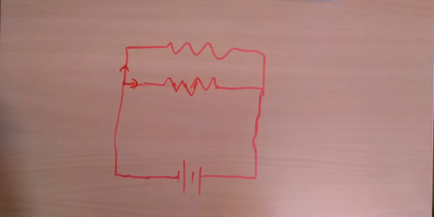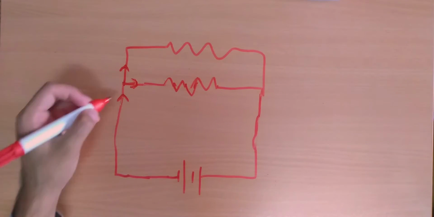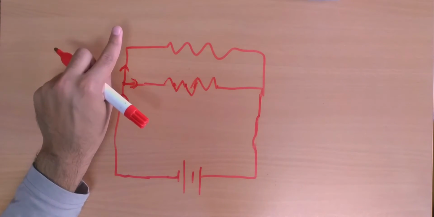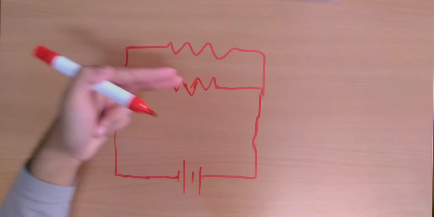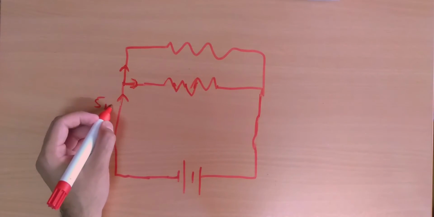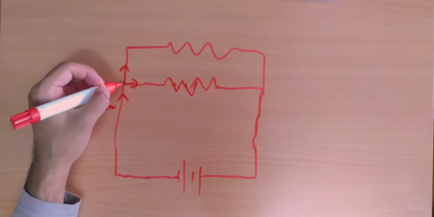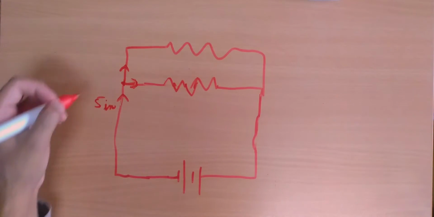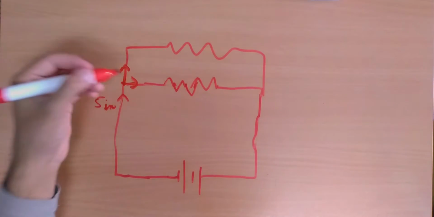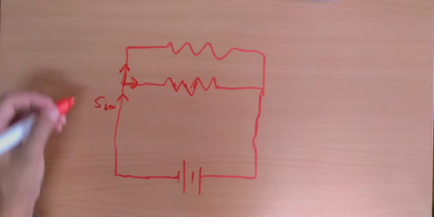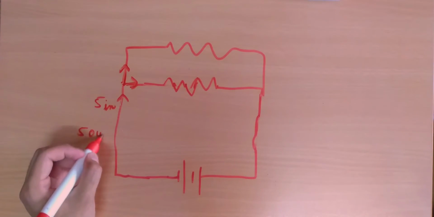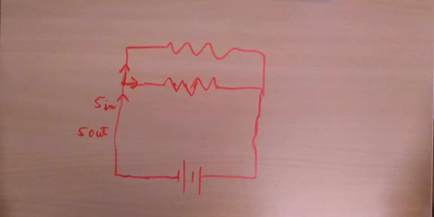And our common sense says, if 5 electrons are moving in that direction and 3 electrons go there, obviously the remaining 2 electrons would have to go there. So what we can see here is that if 5 electrons go into the junction, 5 electrons have to come out of the junction. So 3 here plus 2 here, 3 plus 2 is 5, so 5 electrons come out. So what we say is that if 5 electrons go in, 5 have to come out of that junction, and that is pretty common sense, right?